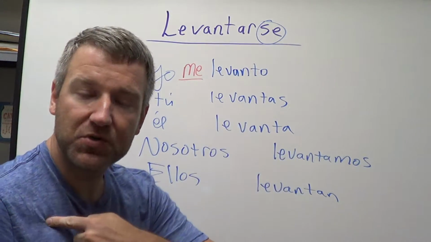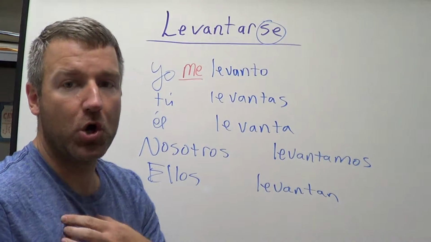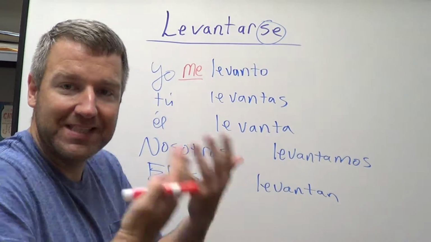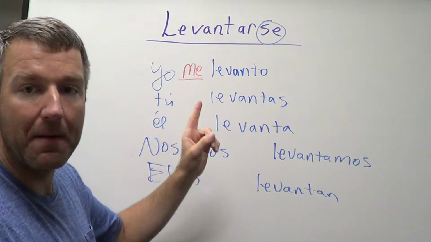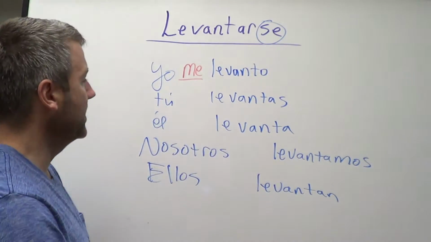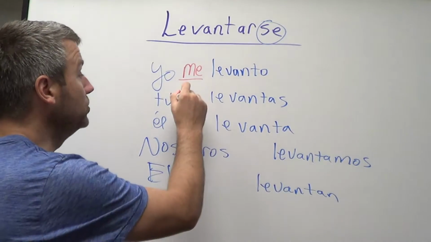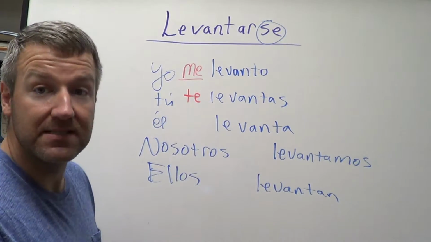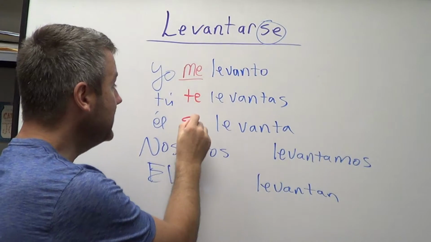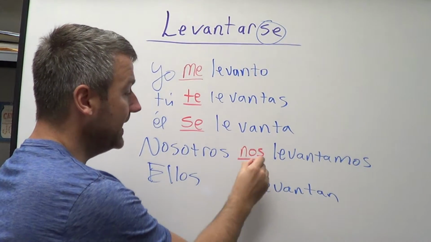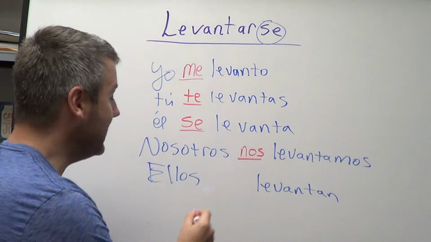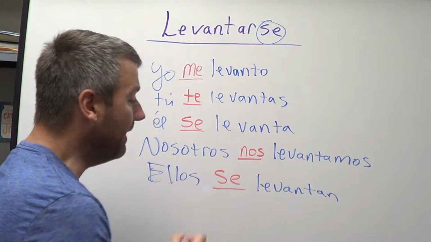But when you do it to yourself, you are the one who is doing this action to yourself. So to indicate that, we say yo me levanto. All right. If you get up, tú te levantas, él se levanta, nosotros nos levantamos, and ellos se levantan.